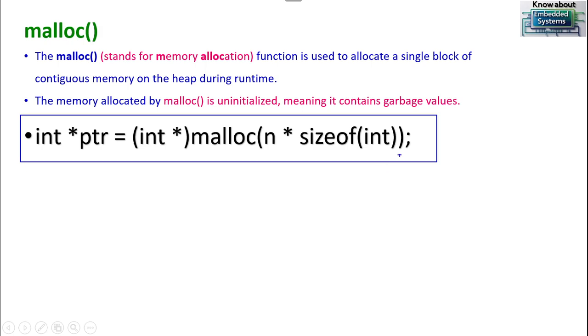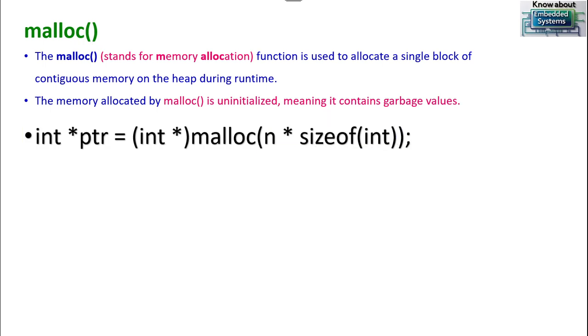This is the parameter you are seeing in the parentheses. Then we have to do the typecasting for integer. Then we assign it to the pointer to which you want to point the memory. This is how we use the malloc function.